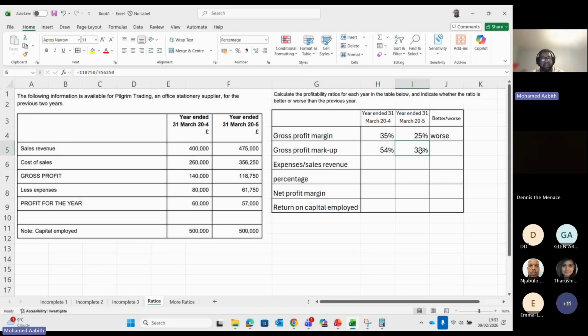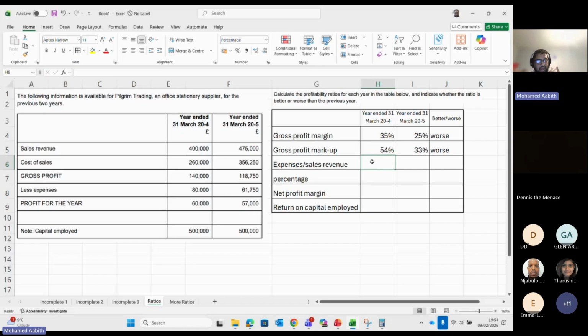Okay, so that is 33%. So what do you think about this one? Did it get better or worse? It got worse as well. Can you notice this one is a third and this one is almost more than half. So therefore, my gross profit has also come down compared to the previous year.